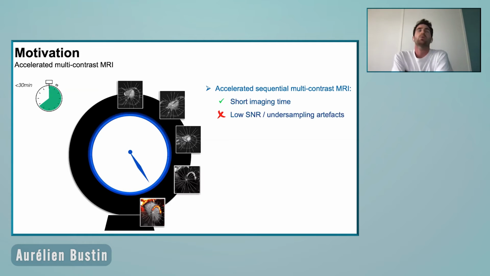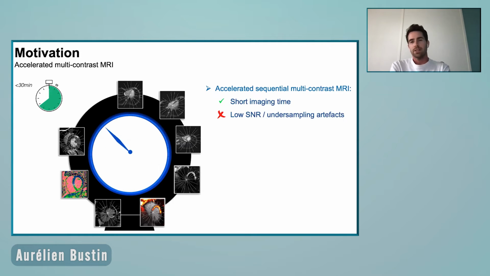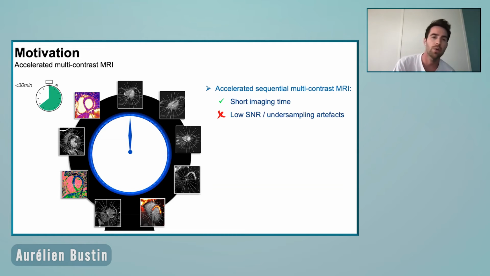You could use accelerated multi-contrast MRI, and that's something we do in clinical routine. If you check the CMR protocol in your hospital, you would realize that most of the sequences exploit parallel imaging or accelerated imaging. It could be GRAPPA. In most of the acquisitions we perform in clinical practice, we use GRAPPA with an acceleration factor of 2.